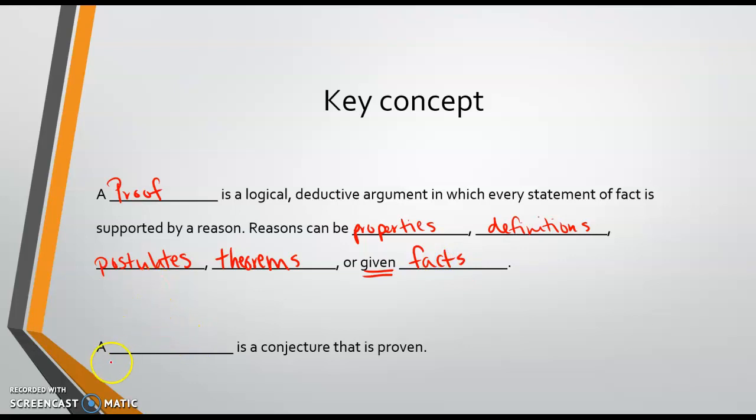All right, and a theorem is a conjecture that is proven. So a theorem is something like the angle sum theorem, triangle sum theorem, where we can prove that there is 180 degrees when you add up all three angles of a triangle, and that every triangle has 180 degrees.